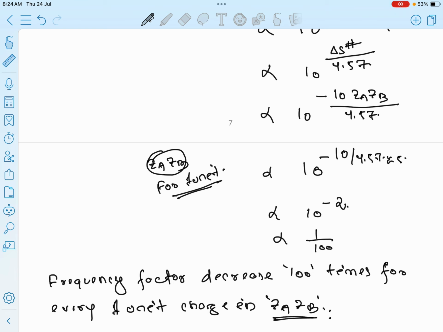But in the single sphere model, when the ions approach each other, they will form a single sphere, and the total charge of that single sphere will be the sum total of the charges of the ions which are approaching. And therefore we will calculate the change in the free energy, the electrostatic contribution.